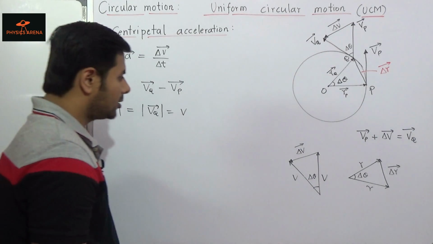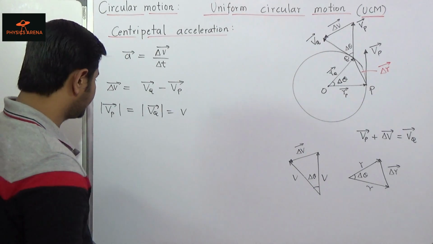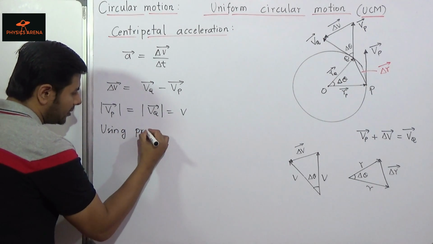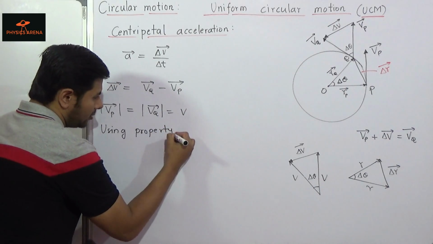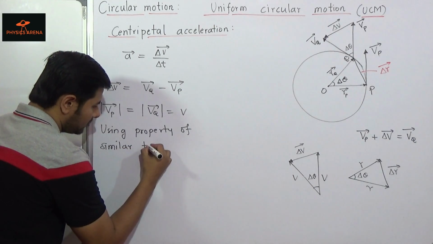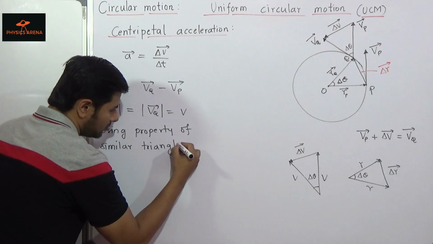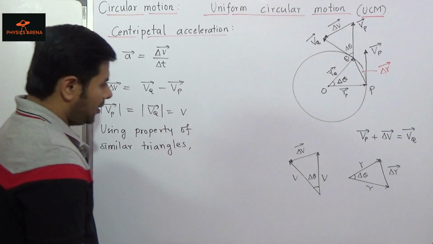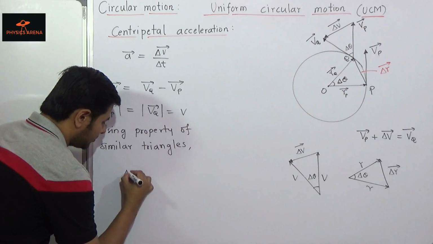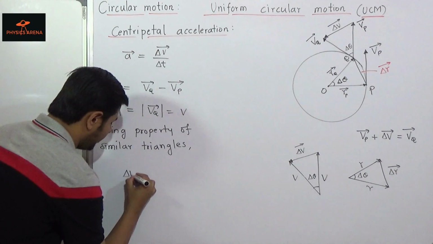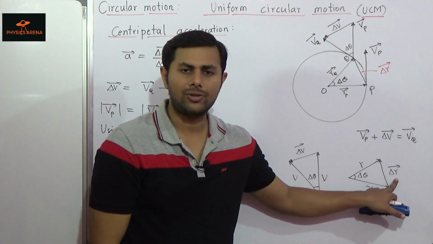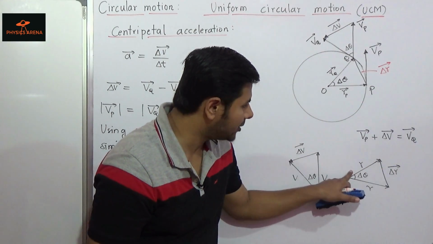Now we can use the property of similar triangles. So I can say, using the property of similar triangles, if I take the ratio of this side to this side, which is delta V over V, it should be equal to the ratio of the length of this side to the length of this side.